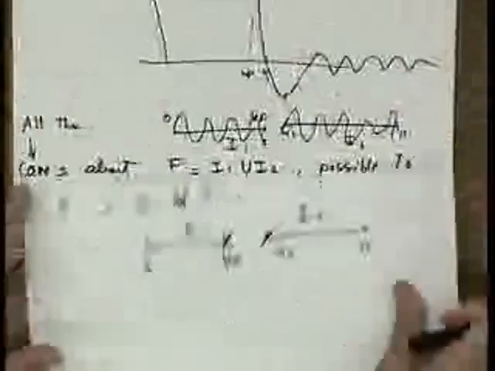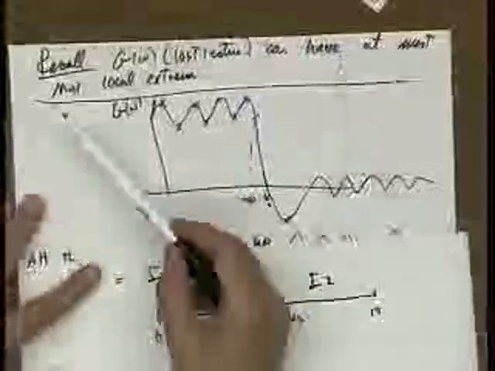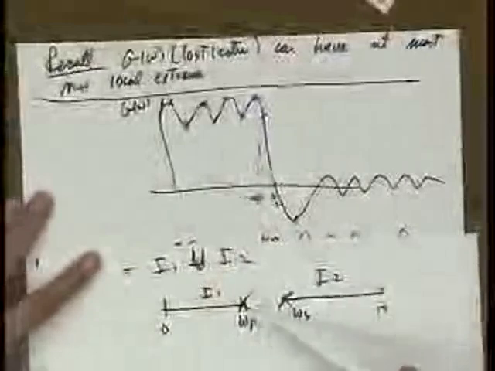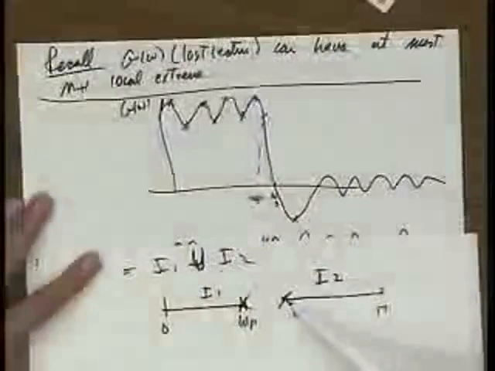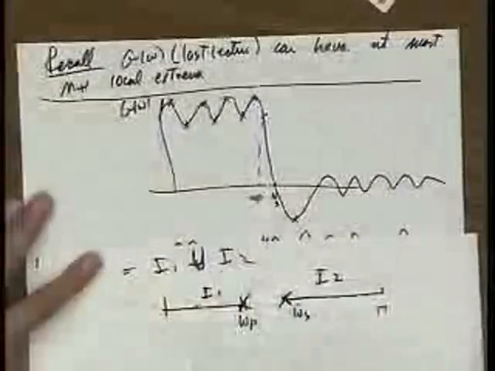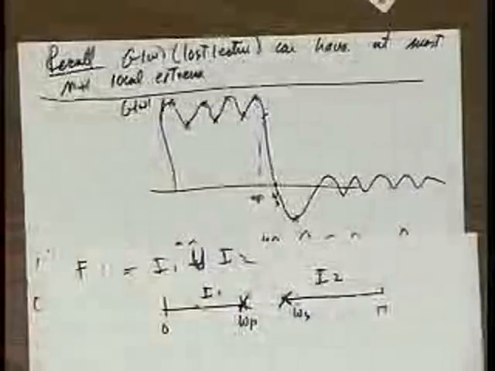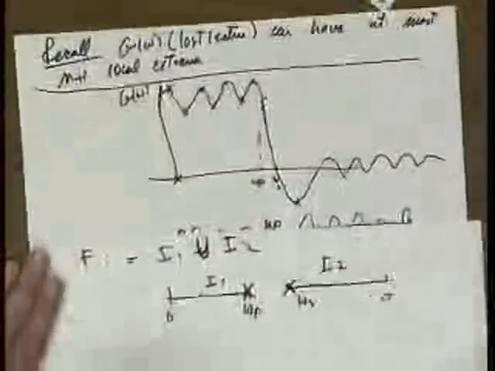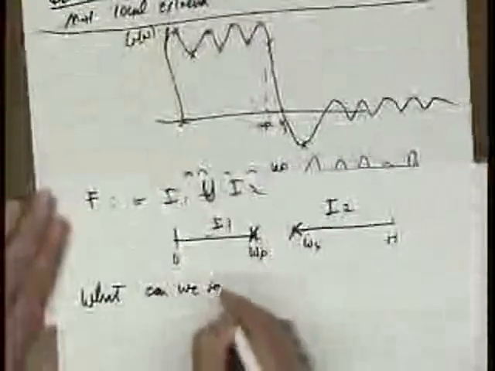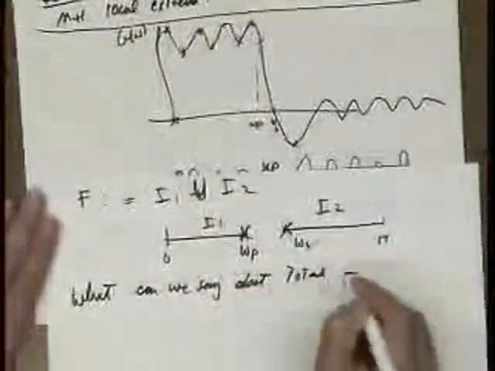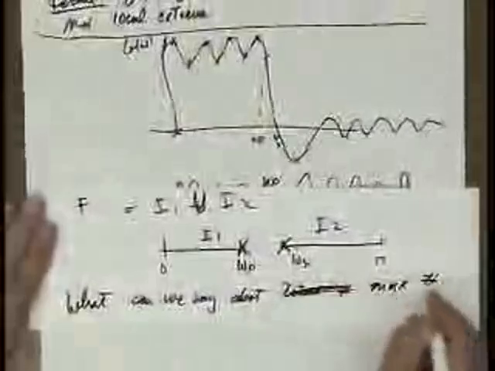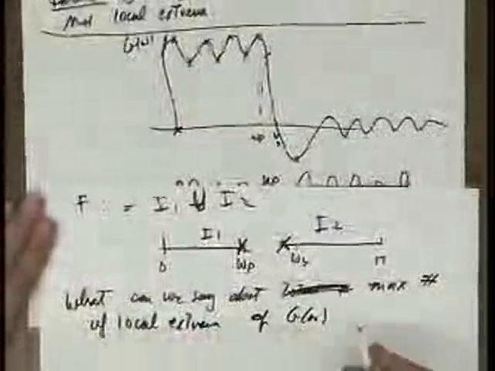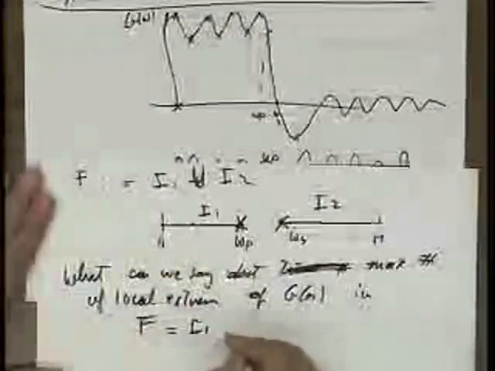Coming back here, G of omega can have at most m plus 1 local extrema, but now it's possible to have omega p and omega s also be local extrema in these regions. What can we say about the maximum number of local extrema of G, not in 0 to pi, but in F, which is the union of I1 and I2?